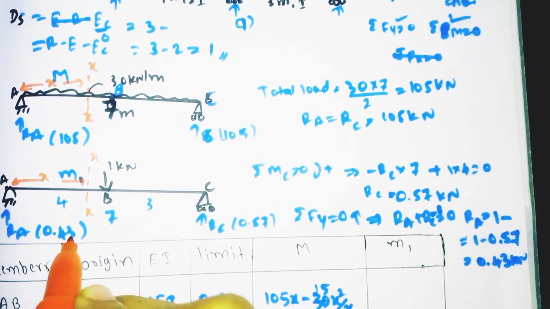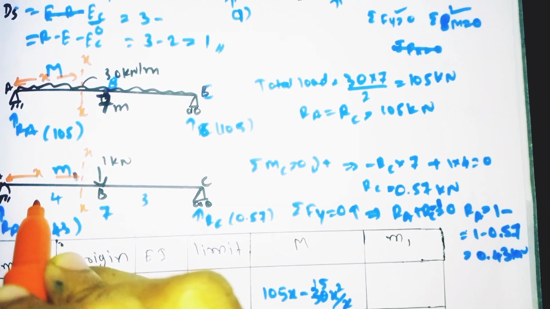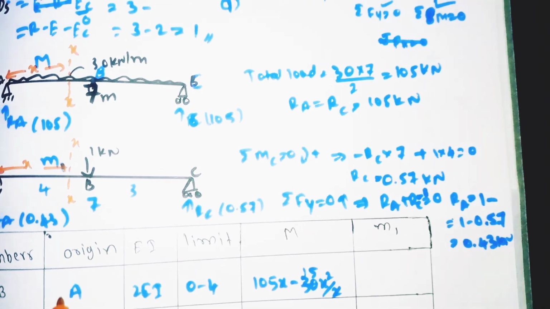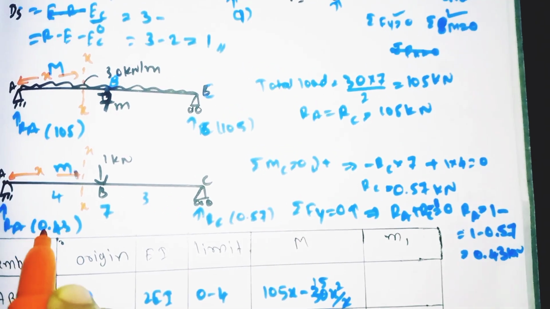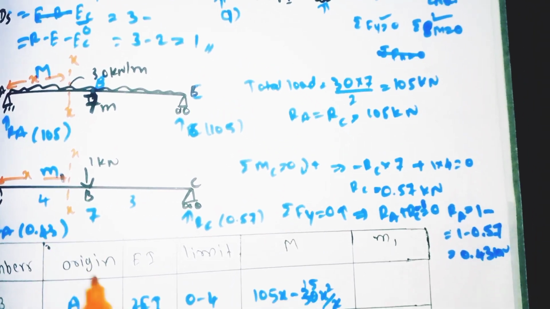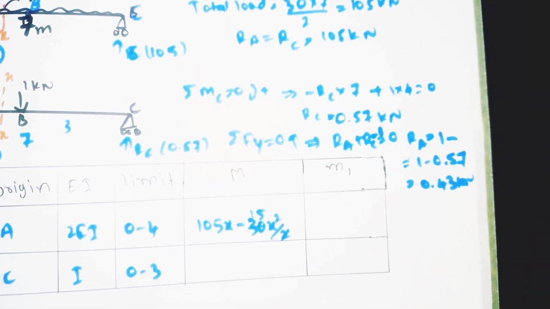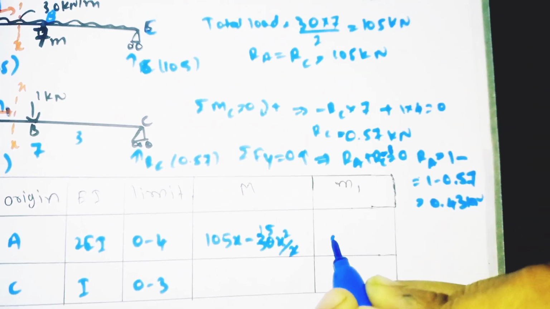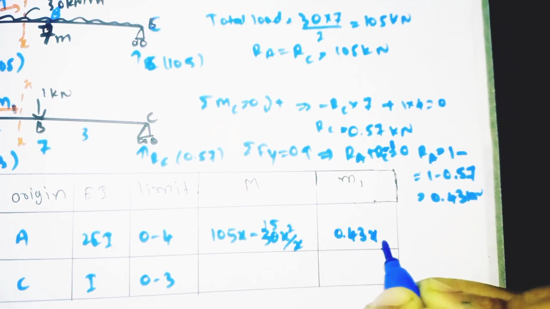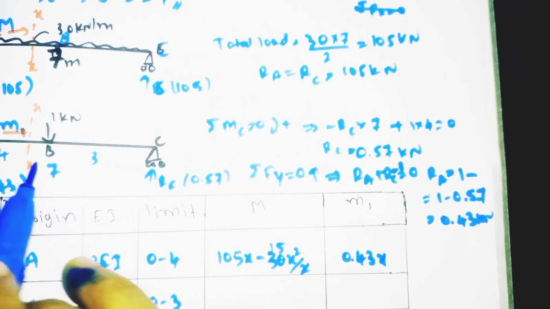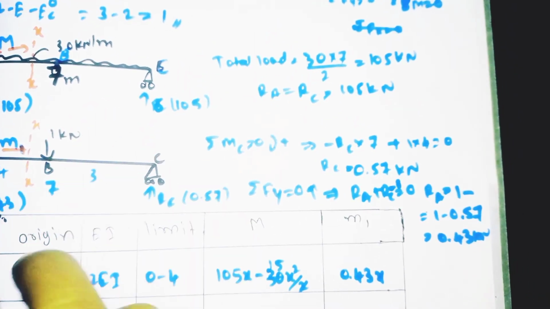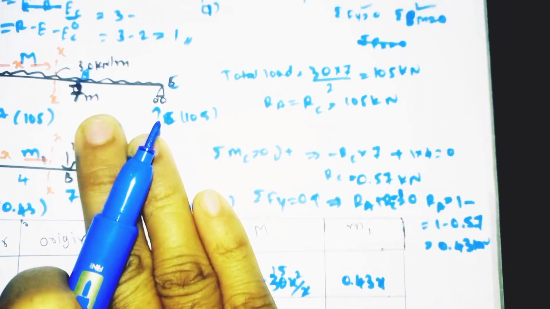So 0.43 into x. So our m1 will be 0.43 into x. Is there any load? We need to see only this AB portion. We should not see this.